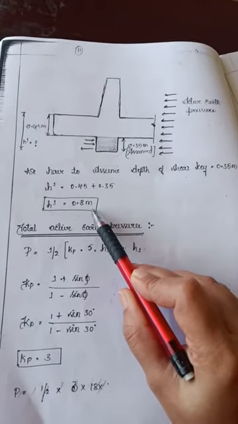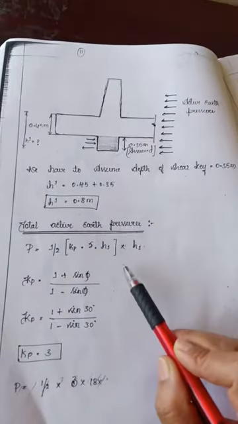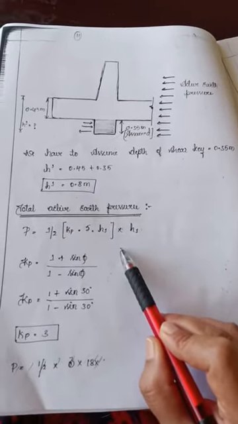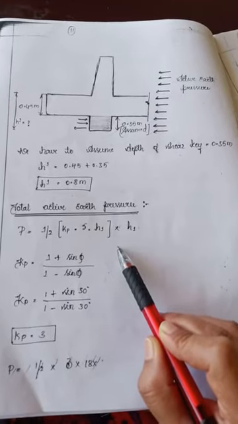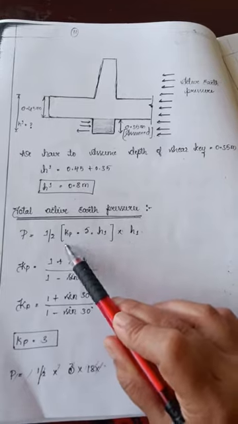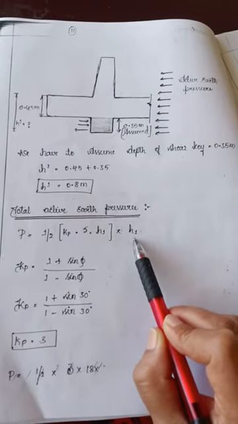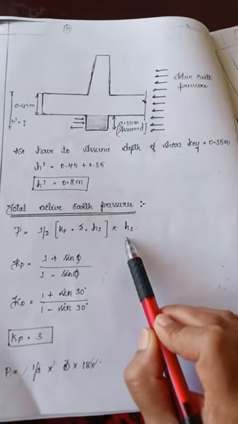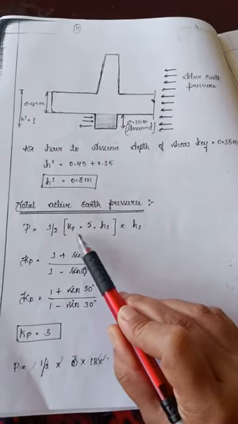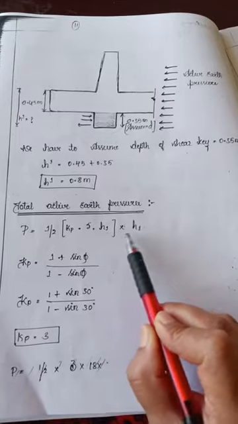After finding the h dash value, now we find the total passive earth pressure. Once again we use P equal to half into base into height, taking the area of the triangle: half into Kp into gamma into H1 into H1.